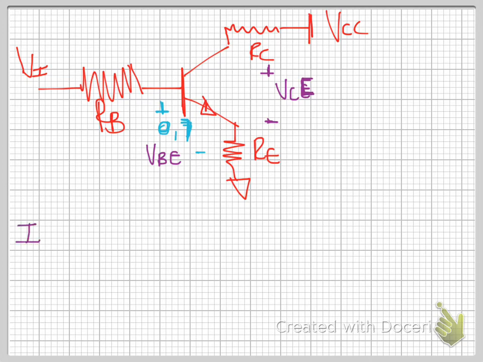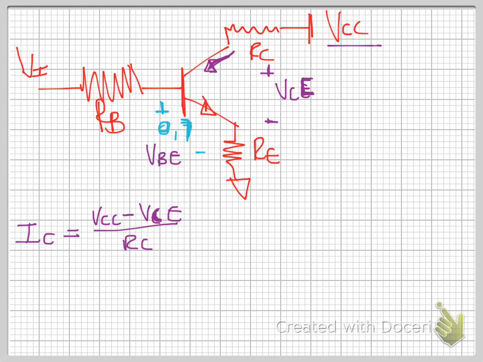So I of C is equal to VCC minus VCE over R of C. So the current going through here is equal to V of CC, which is the power.